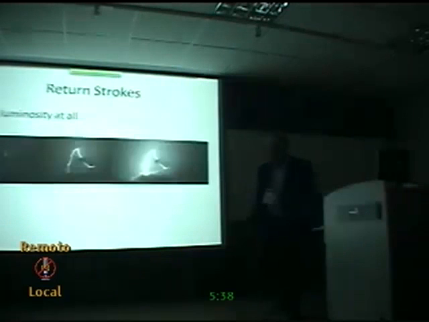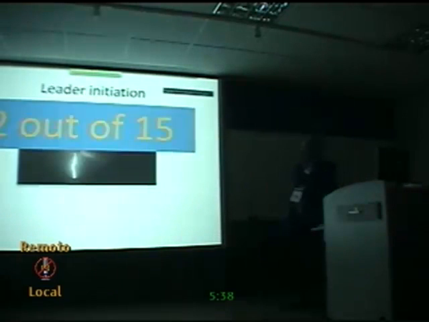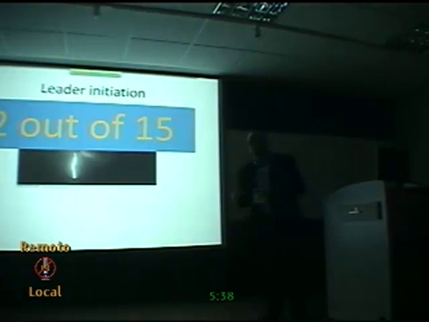All right, leader initiation. We got 2 detections out of 15 flashes, because during the Chauvin campaign we got only, it's a bad word because it's quite a lot, 15 upward flashes in 3 months. Now, the total final count was 57 in a little more than 1 year.